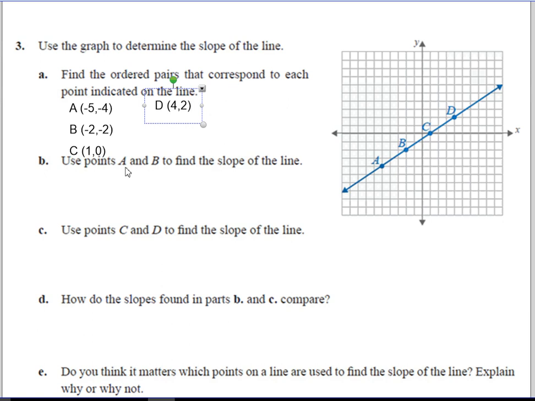So mathematically, to find the slope from points A and B, you're using these 2 points here. And so again, we're going to do the y values subtracted on the top and the x values subtracted on the bottom. So let's call our A our y sub 1 and x sub 1, and our B y sub 2 and x sub 2.